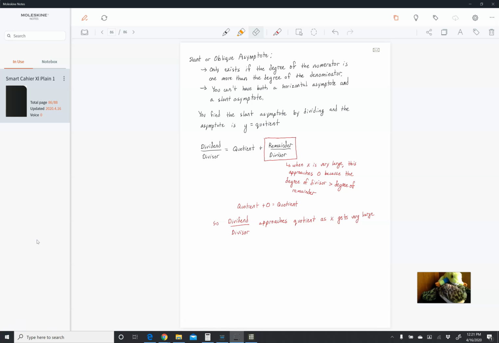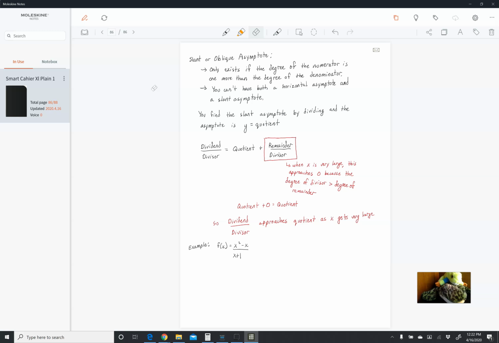So let's just do one example of this. Let's say that f of x is equal to x squared minus x over x plus 1.